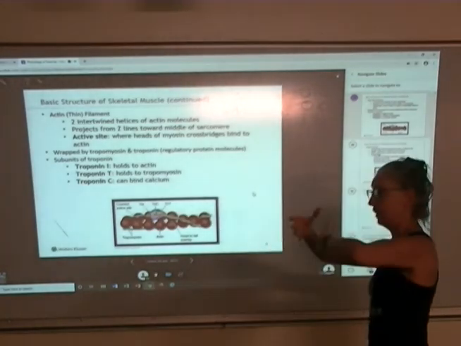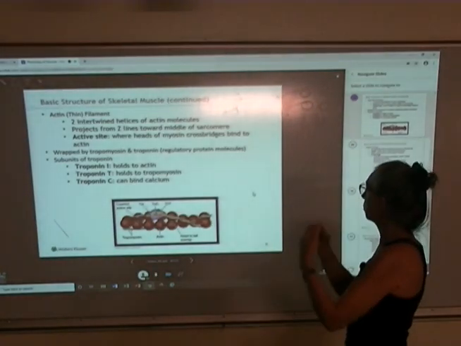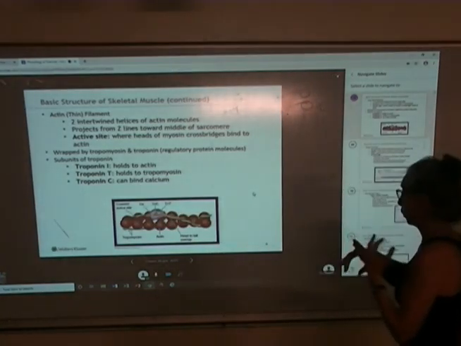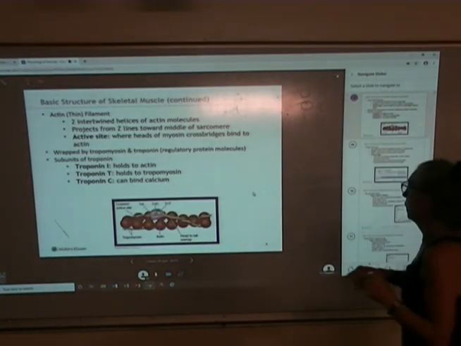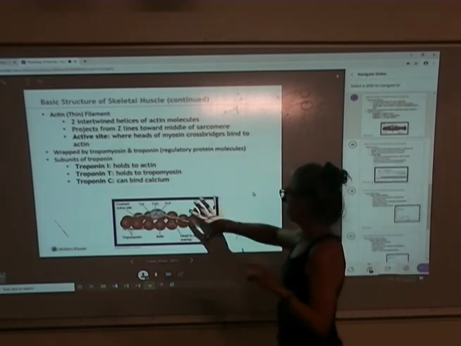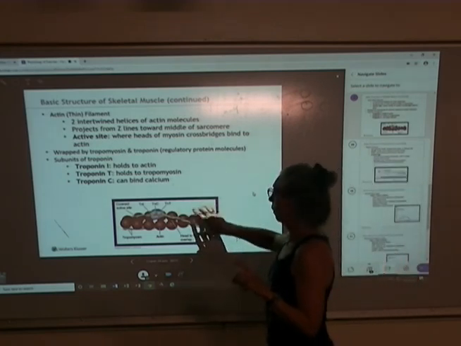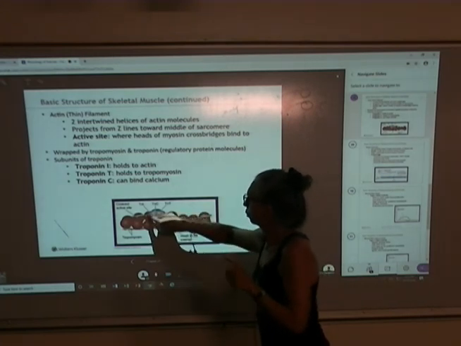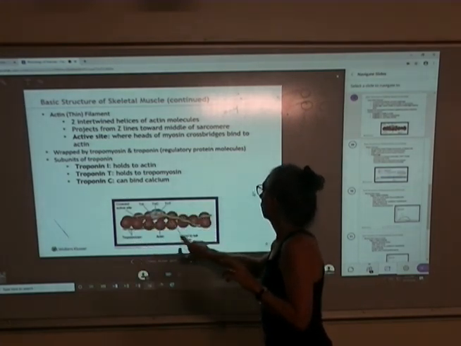The actin molecules are wrapped around by tropomyosin and troponin, all right? So when you look at this diagram, the green and yellow kind of rope is the tropomyosin, right?